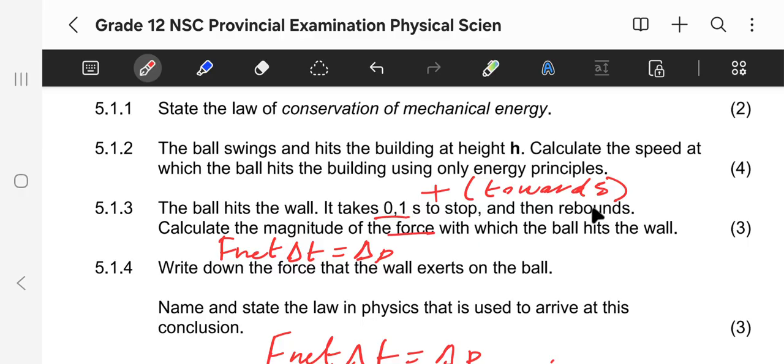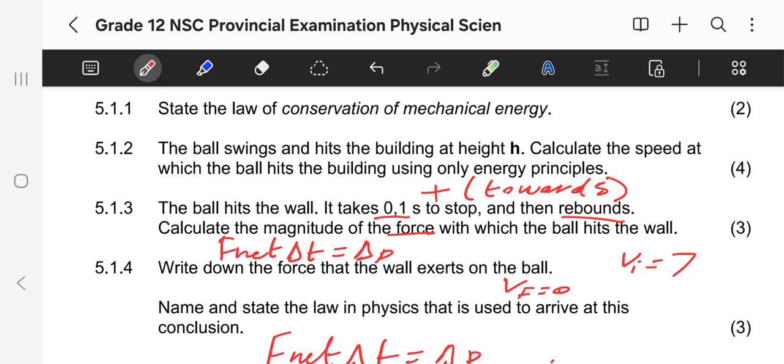But what you'll realize is that the direction will now change, right? When the ball rebounds, it's going to hit the wall and then go backwards. And if that's the case, the initial velocity will then change into 7. Why? Because it's going to move with that initial velocity from the wall, whereas it rebounds. It means our initial velocity would have to be 7 and our final velocity will have to be 0. Okay, and that's how we are going to substitute on our formula.